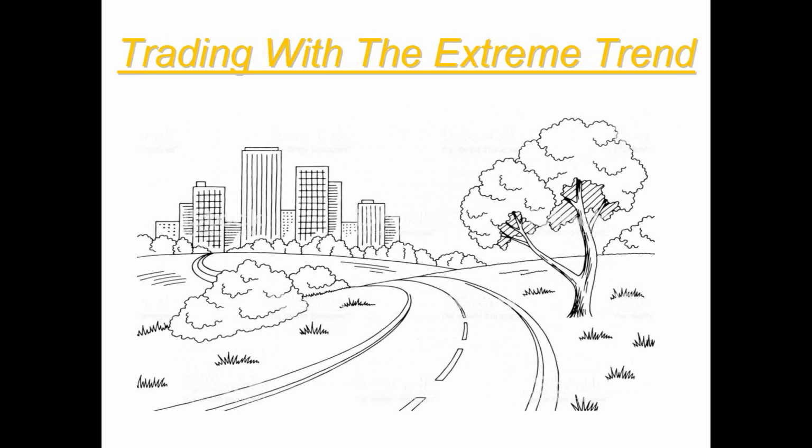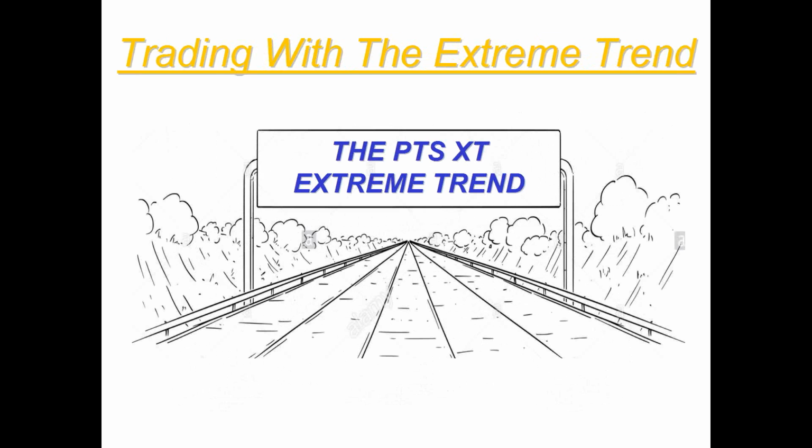You're on a shortcut that not a lot of people know about, and you get to your destination much quicker, and it's easier. There's not this feeling of the minute you get into a trade, you're worried that you're going to lose money because it hasn't been working lately or the markets are just so whipsaw. You have this feeling of, you're just very confident because the extreme trend is really simple to trade in. So once you know the extreme trend, it's like your own highway to consistency. That's the beauty of having this tool in your back pocket.